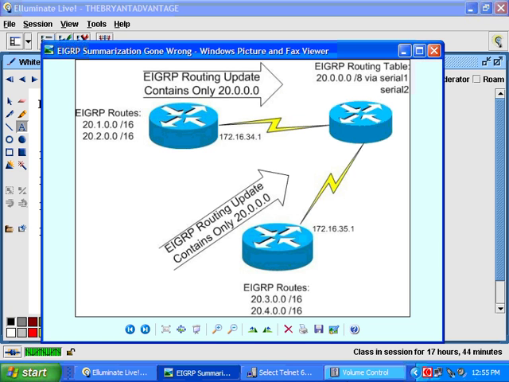Well, now we've got a problem if we didn't turn auto summarization off, because both of these spoke routers here, if you will, are going to be sending a routing update for the major network number 20.0.0.0/8.